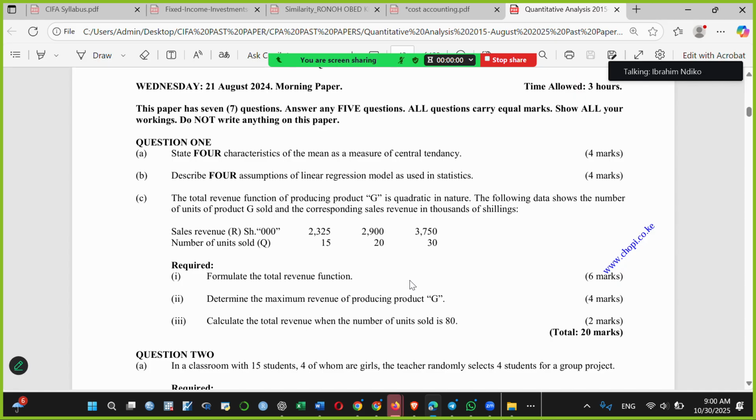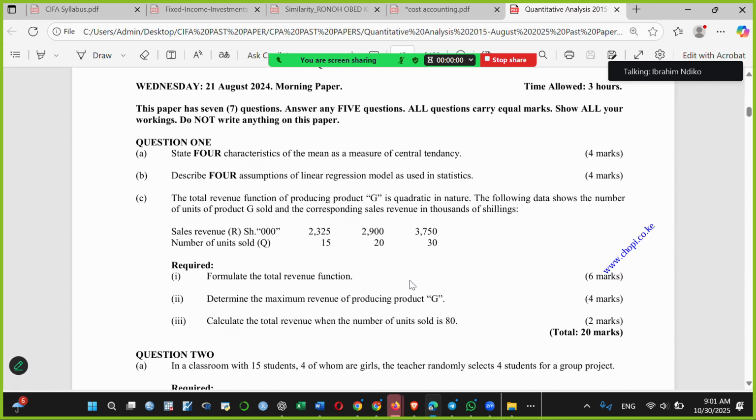So product nature. Then the following data shows the number of units of product G and its corresponding revenue in thousands. So we have sales revenue in the units. When sales is 2325, units is 15. When sales is 2900, units is 20.